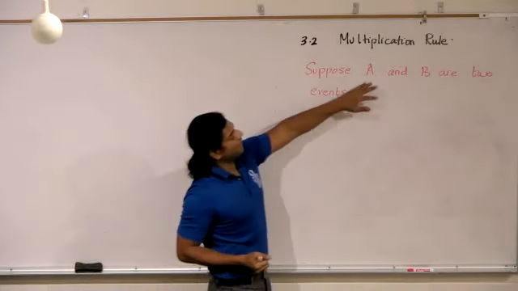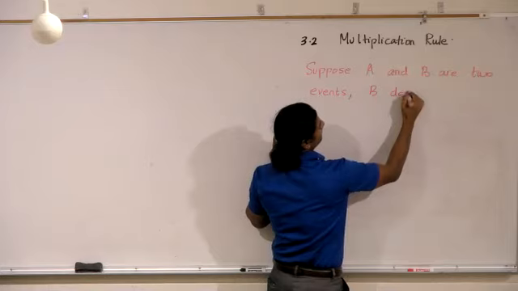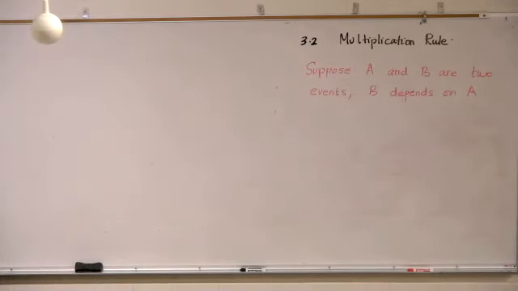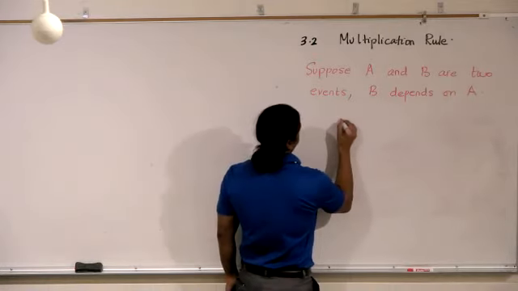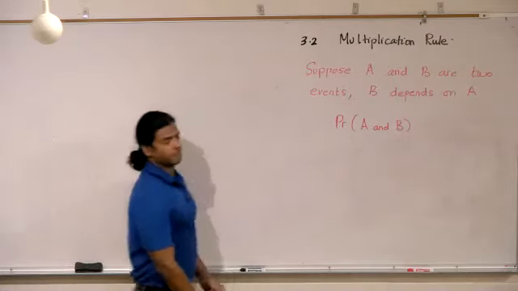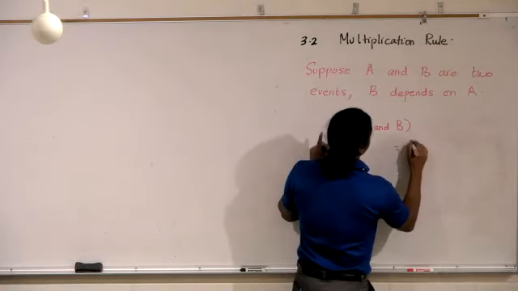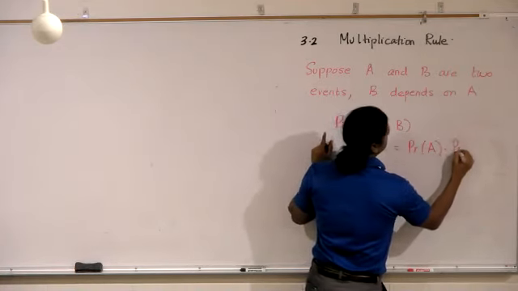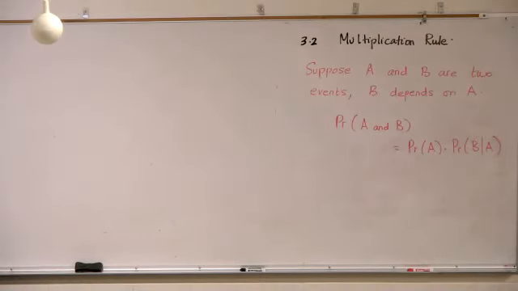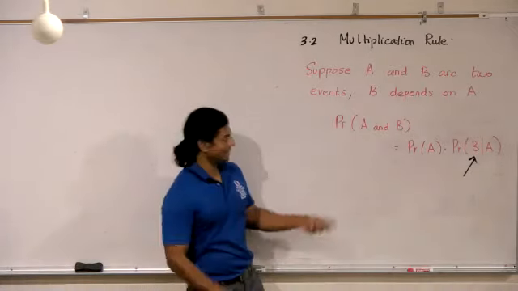So suppose I have A and B to be 2 events, and I make a condition that B depends on A. So the probability of A and B happening together will then be given by the probability of A multiplied by the probability of B vertical dash A.